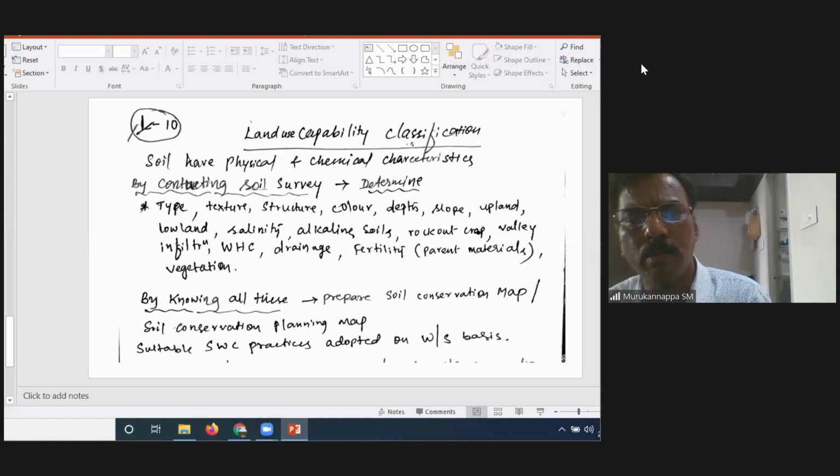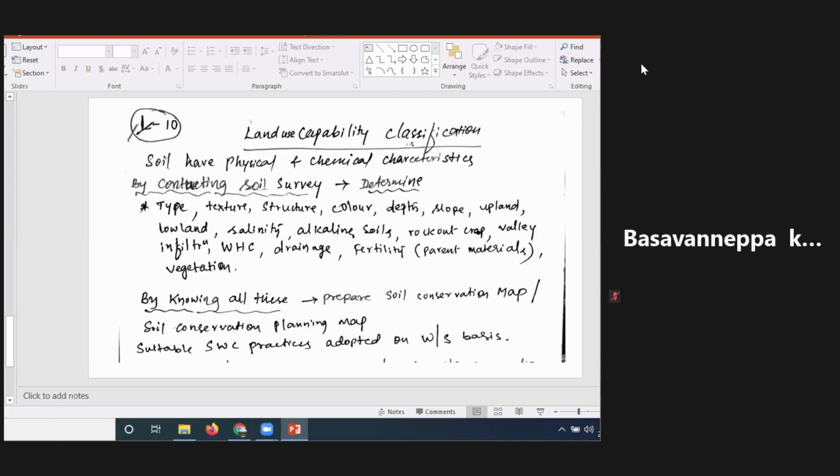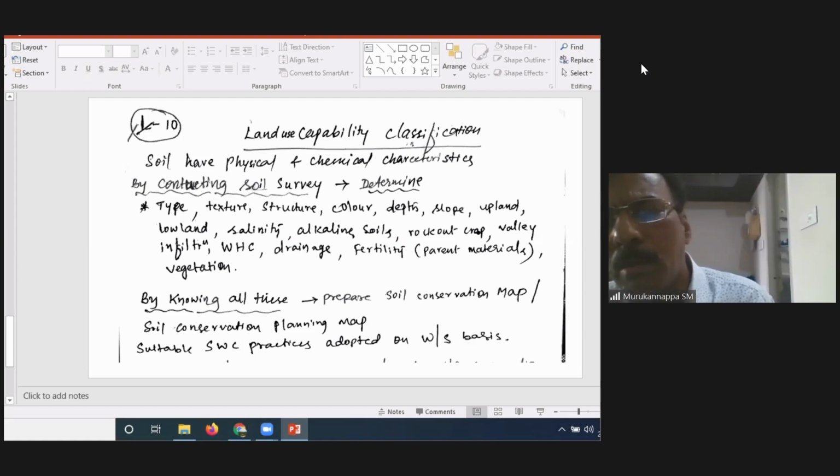Type of soil is different, texture of the soil is different, because in 1 hectare area you can find rocky land, very good soil, pebbled soil, and also some elevated hillocks. Is it clear, all of you? So considering all these parameters, lands are classified into different categories. This is known as land use capability classification.